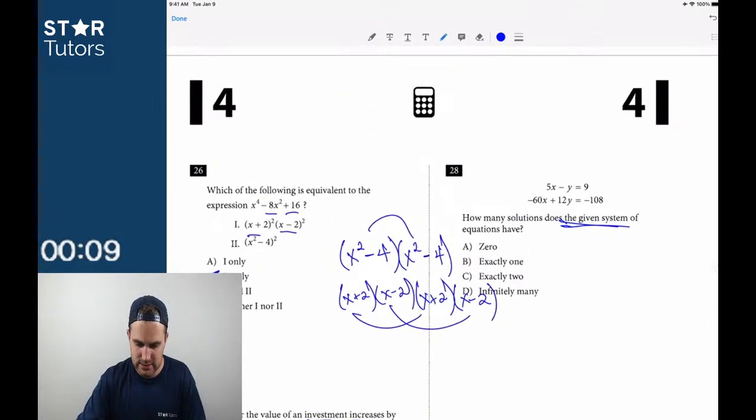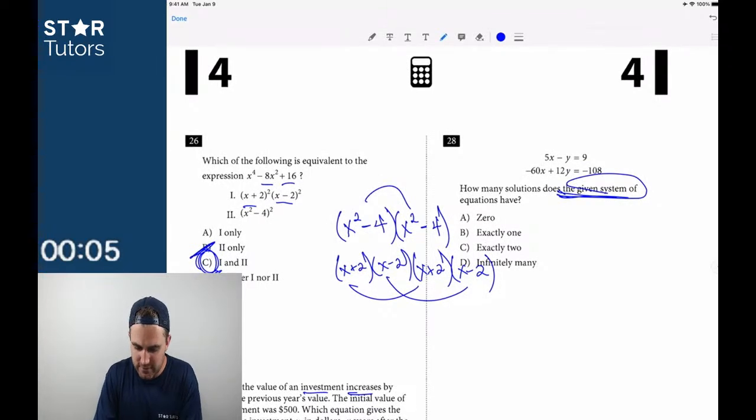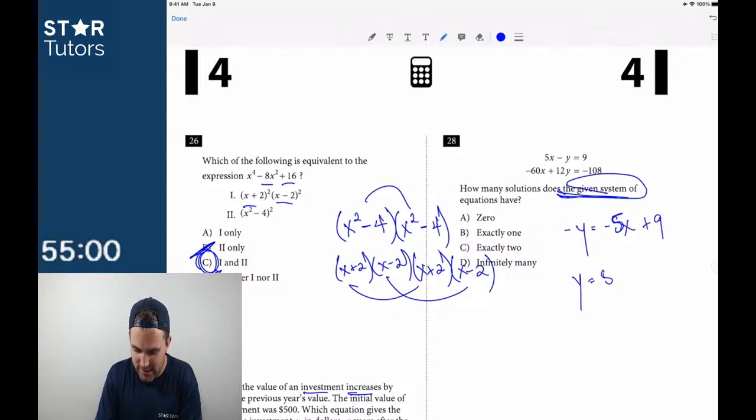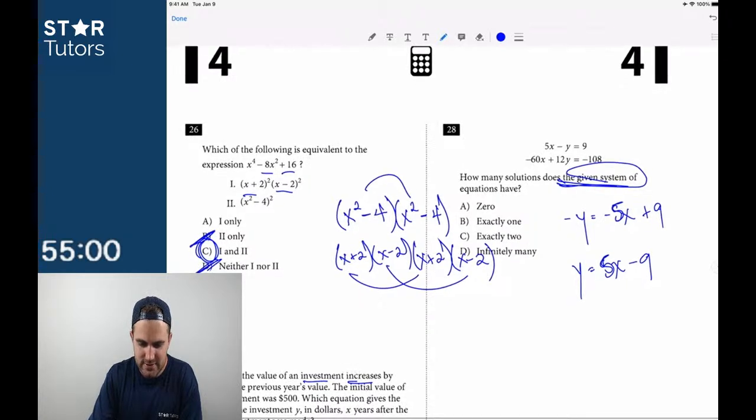10 seconds. How many solutions does the given system have? I'm just going to finish this one out, guys, even though I know I'm going to run over time. Equals negative 5x. All right, there's my time, guys. We can mark it incorrect, but y equals negative 5x plus 9, right? So we're going to say y equals 5x minus 9. I think it's going to have exactly 1, right?